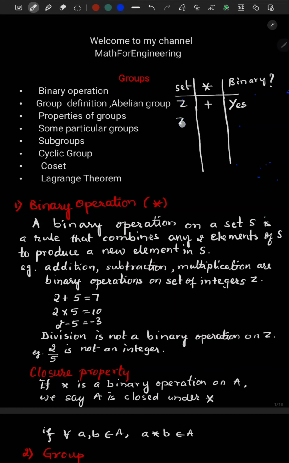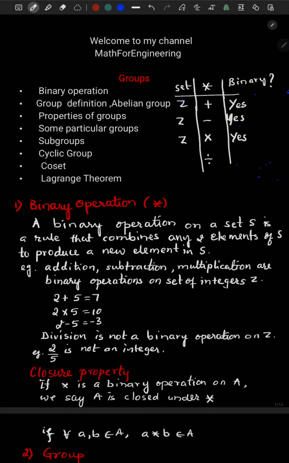Now for the same set Z, if I take minus, subtraction of two integers is again an integer, so it is also a binary operation. Then take star as multiplication for the same set Z. Multiplication of two integers is again an integer, hence this is also a binary operation.